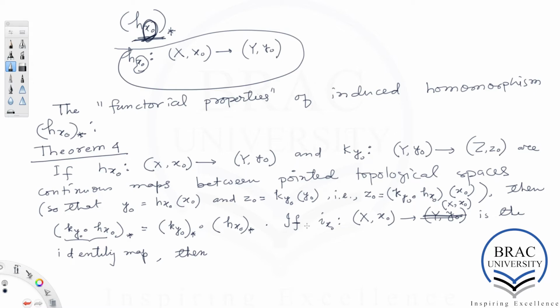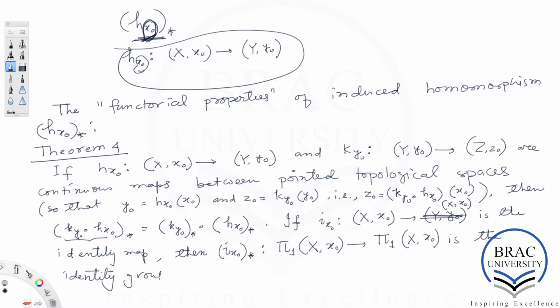Then the corresponding induced homomorphism I sub x0 star, from the fundamental group of x with reference to the base point x0 to itself, is just the identity group homomorphism.